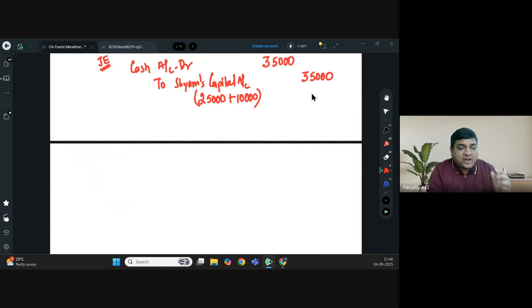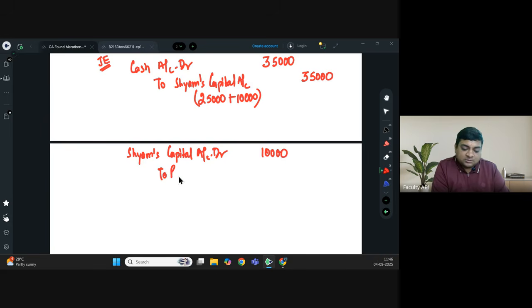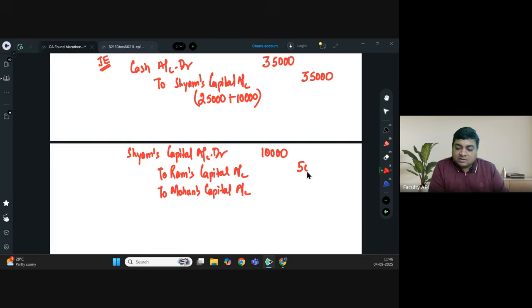Now out of this 35, 10,000 will be distributed between Ram and Mohan. Shyam's capital debit 10,000 to Ram's capital, to Mohan's capital. Equally. Sacrificing is done equally.